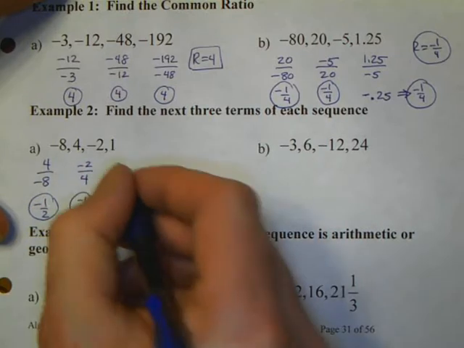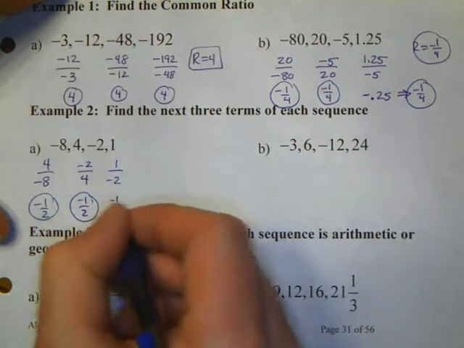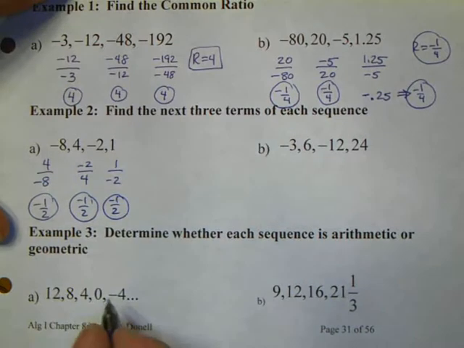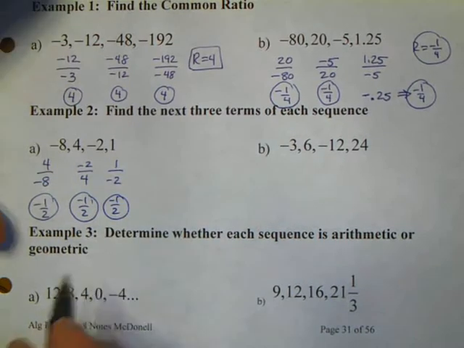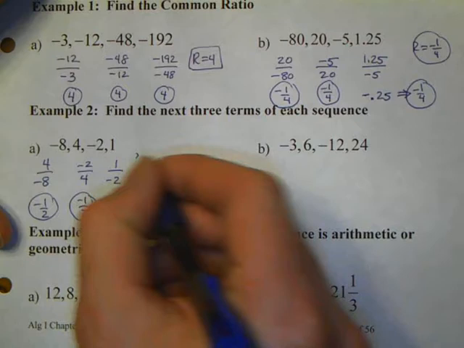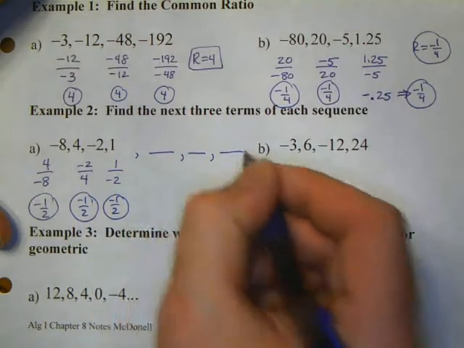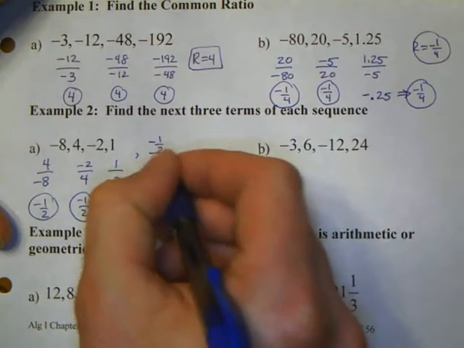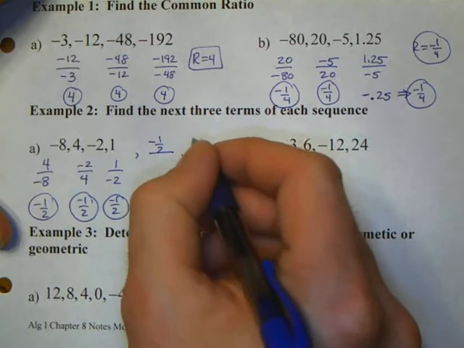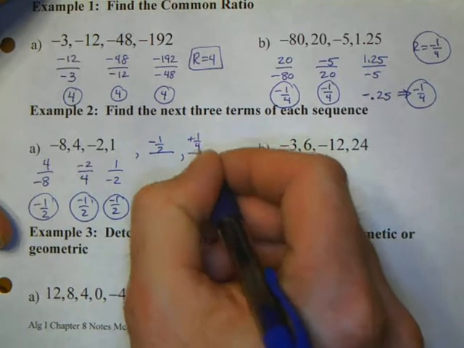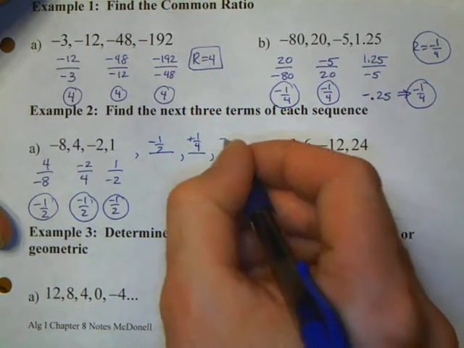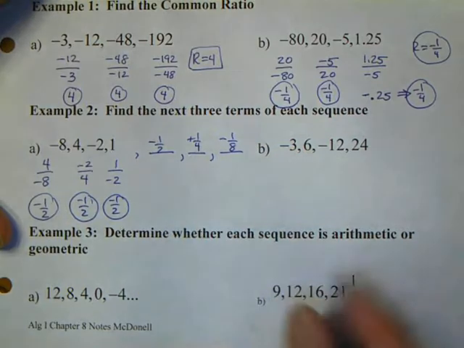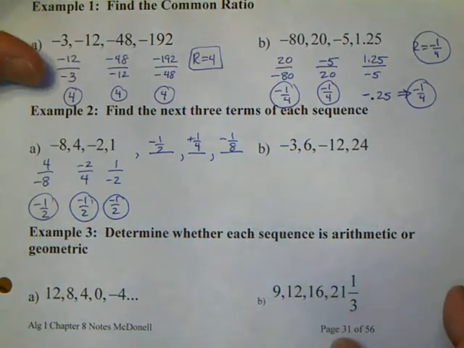So we have a geometric sequence here, and our ratio is negative 1/2. So our next three terms would be negative 1/2 when we multiply. Multiply again, positive 1/4, and multiply one more time, negative 1/8. So each time we multiply by negative 1/2, we get those three numbers.